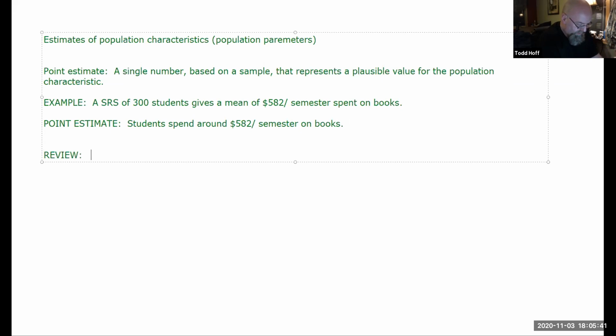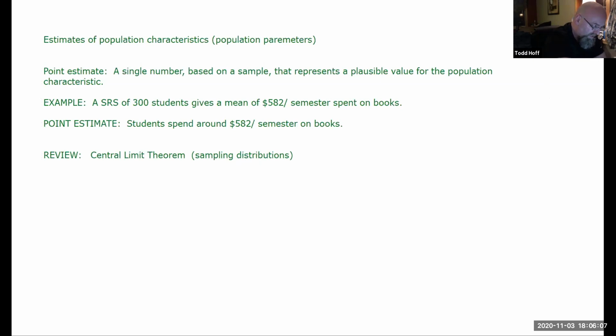Now remember we talked about the central limit theorem for sampling distributions, where we found that if our population is approximately normally distributed, and we take all possible samples of size n, then we take the mean of those samples or the proportion of those samples.